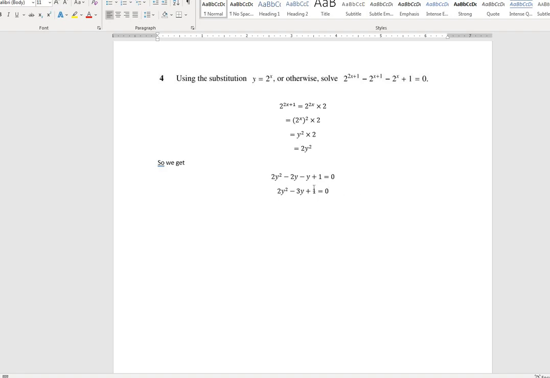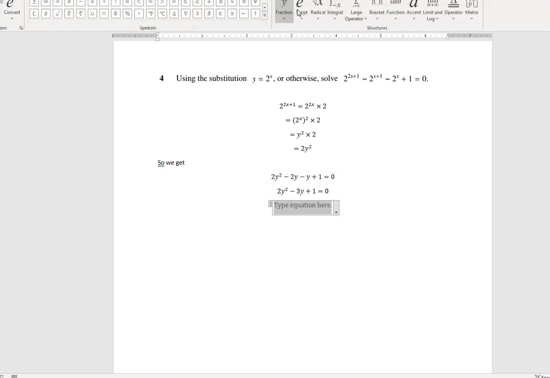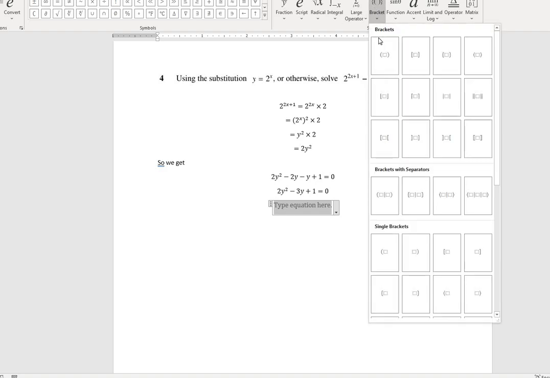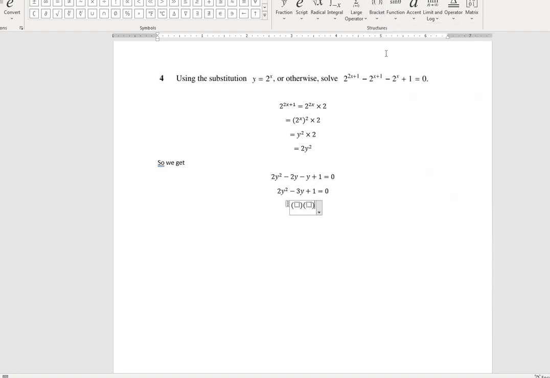Simplify the quadratic expression, we will get 2y minus 1 and also y minus 1, equal to 0.